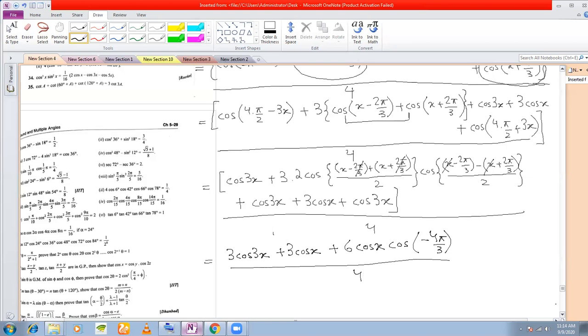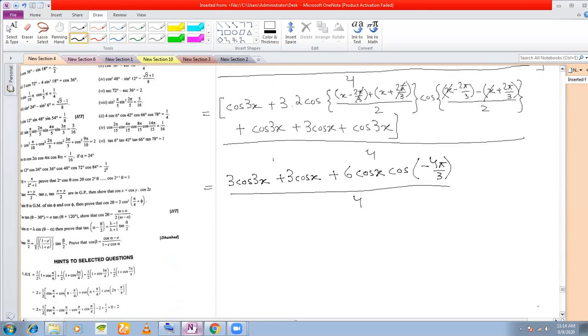That is minus 4 pi by 3 into 1 by 2, so it should be minus 4 pi by 6.